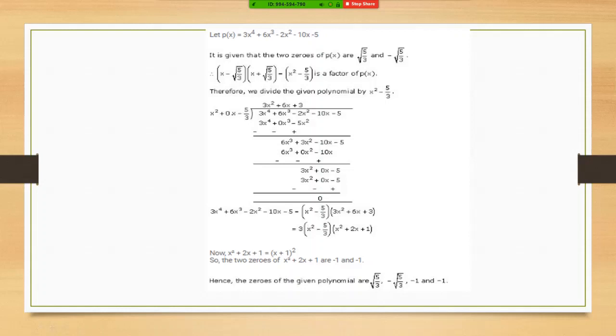Does anybody have any problems in multiplication with the fraction, children? Check out each and every step and do it slowly.